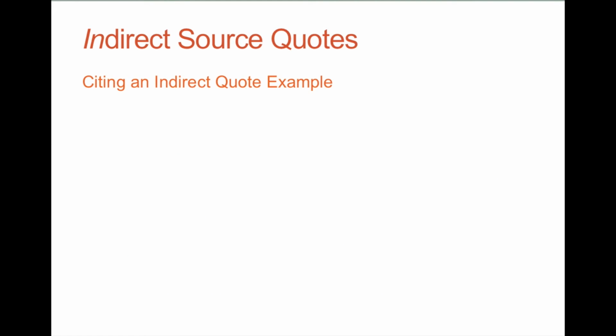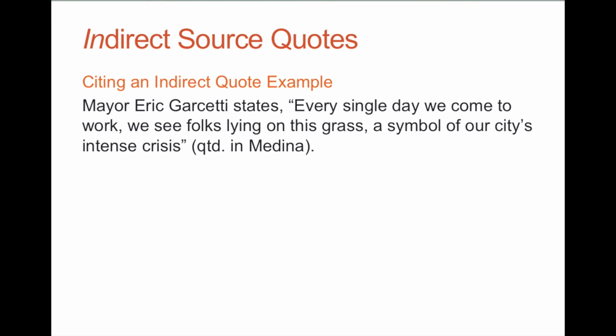So here are some examples. If you're citing an indirect quote, it might look something like this. Mayor Eric Garcetti states, quote, "Every single day we come to work, we see folks lying on this grass, a symbol of our city's intense crisis." End quote.